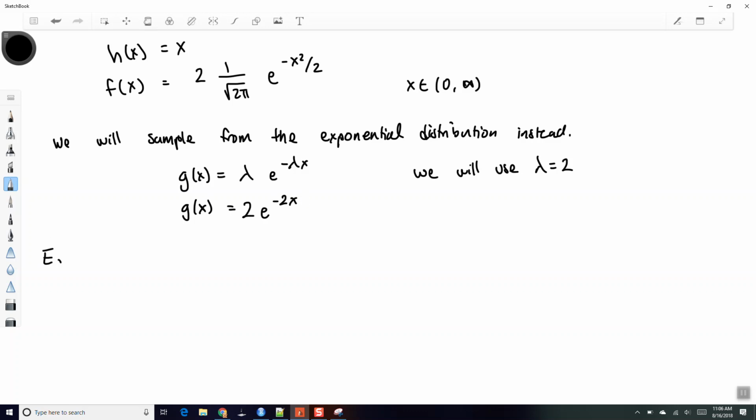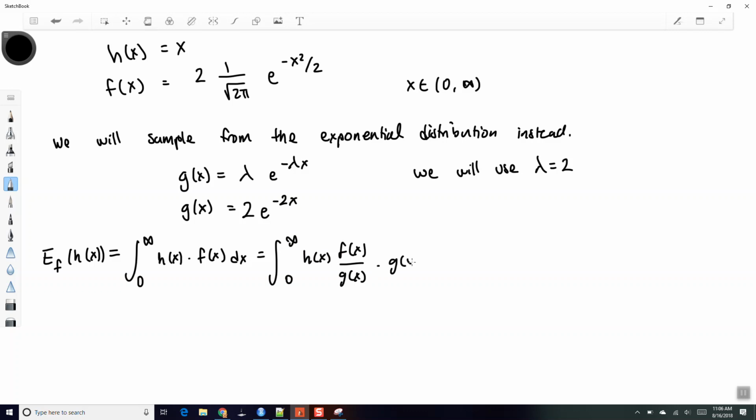So here we've got the expected value of h of x applied to values drawn from f. This will be the integral from 0 to infinity of h of x times f of x dx. And this will become the integral from 0 to infinity of h of x times f of x over g of x times g of x dx, okay?